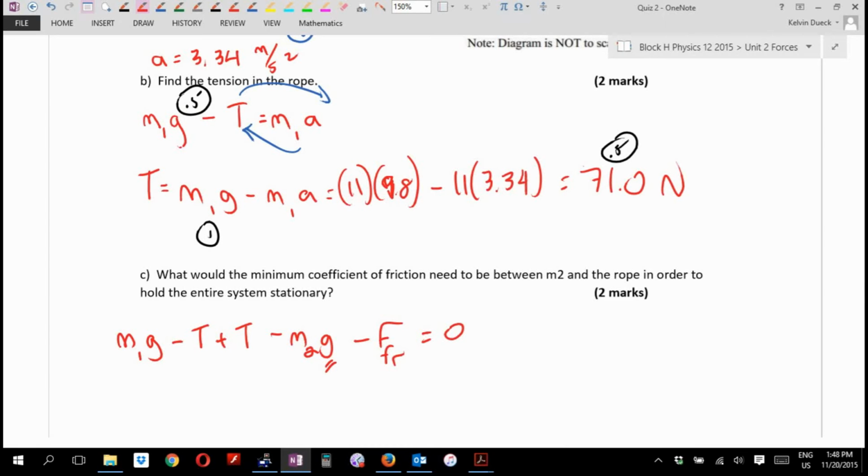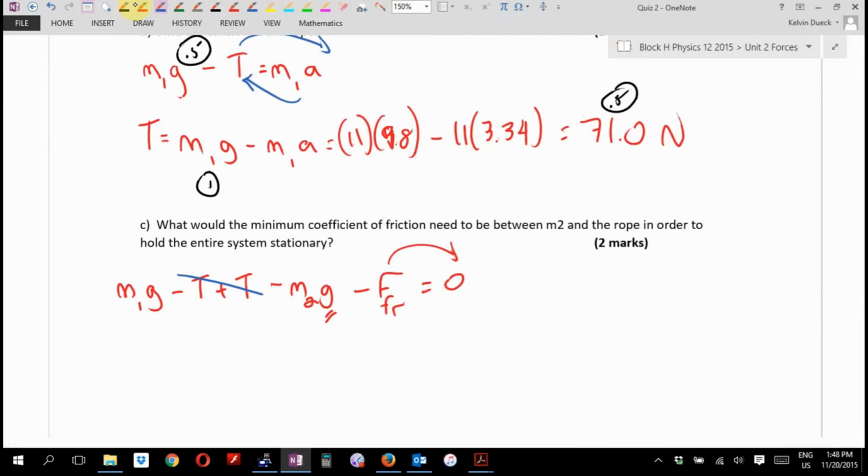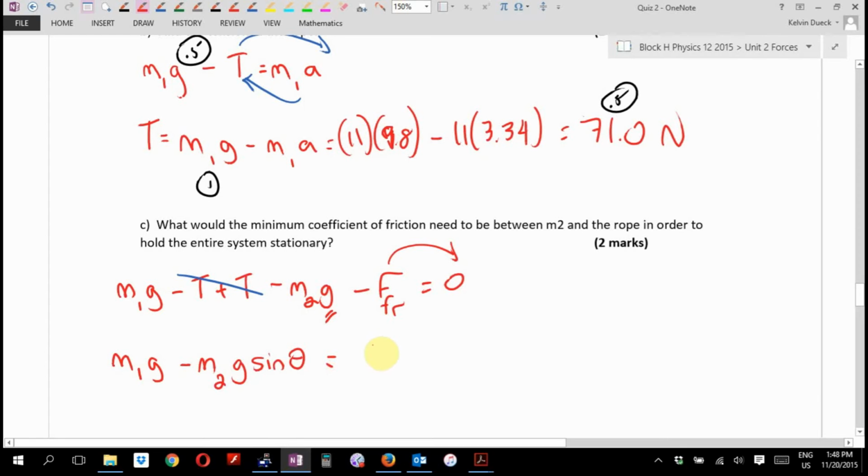Is that okay? I'm going to move this to this side. Oh, and I'm going to relax. So I'm going to get M1G minus M2G sine theta equals mu times the normal force.